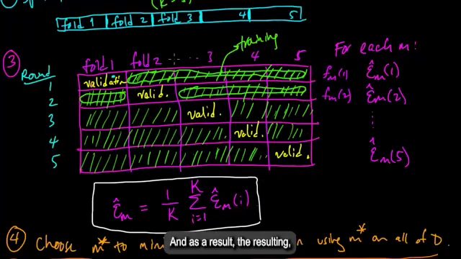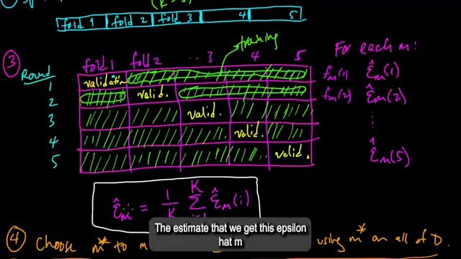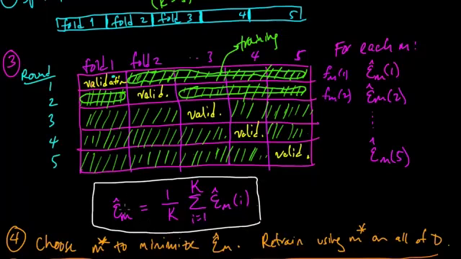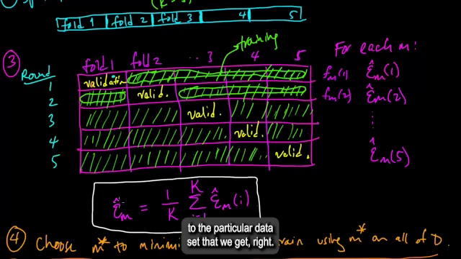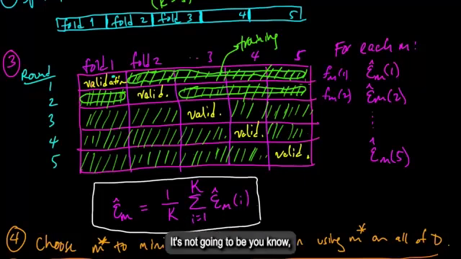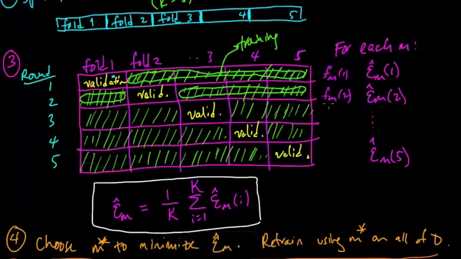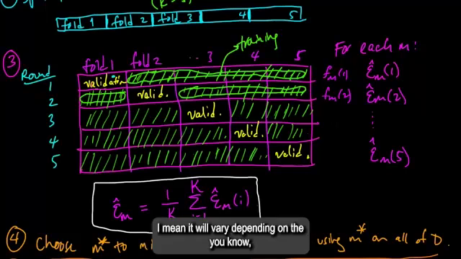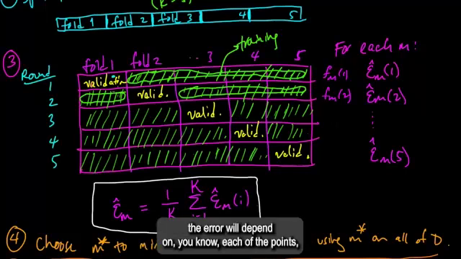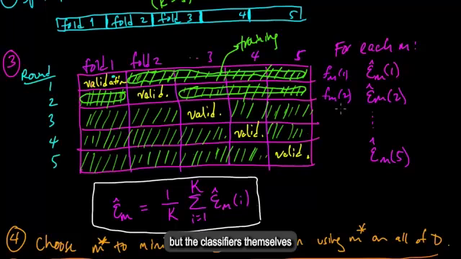And as a result, the estimate that we get, this epsilon hat m, the estimate of the error, is going to be very sensitive to the particular data set that we get, right? These are not going to vary a whole lot. I mean, the error will depend on each of the points, but the classifiers themselves are going to be fairly similar.